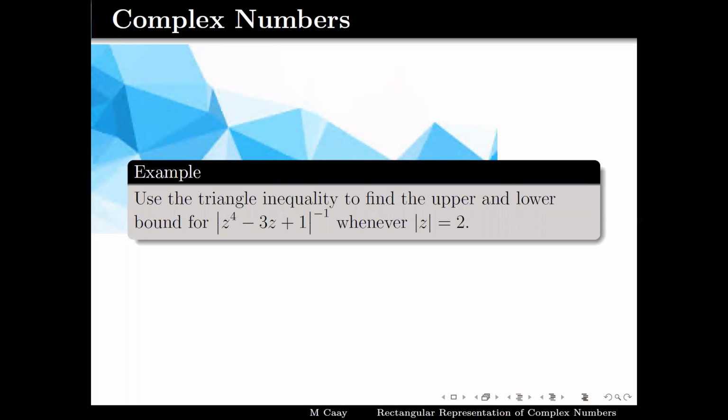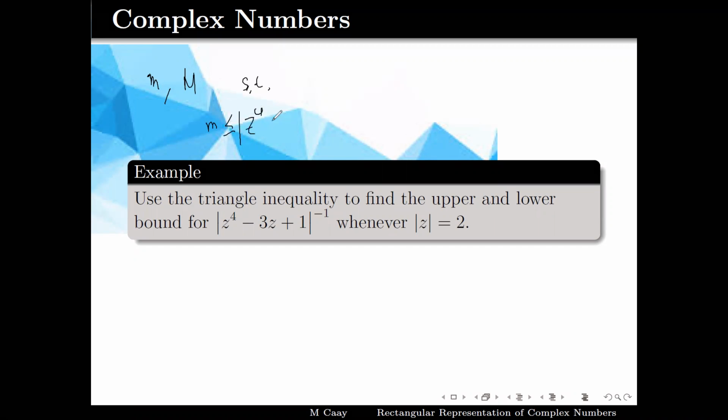The goal is to find m and capital M such that m is less than or equal to the modulus of (z to the 4 minus 3z plus 1) to the negative 1, which is less than or equal to M, for the modulus of z equals 2.